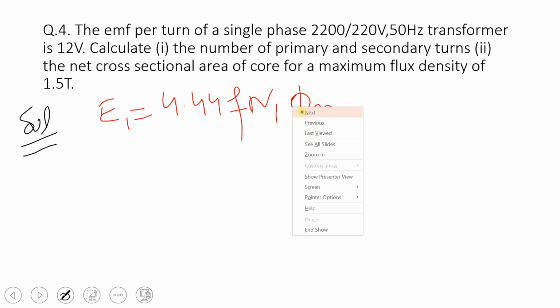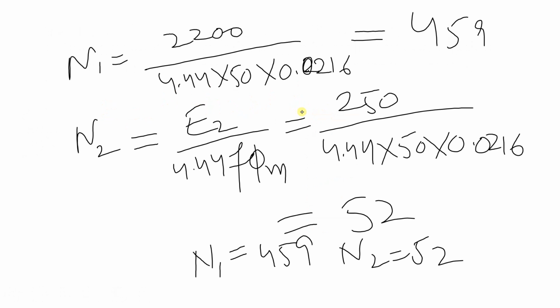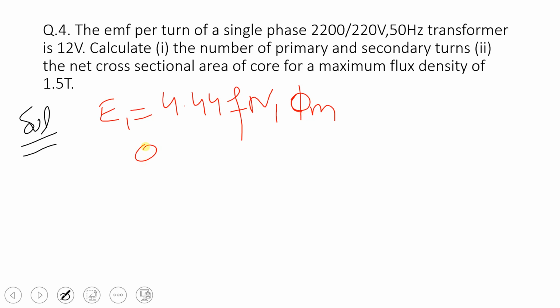Fine. We find out phi max is equal to V1 upon 4.44 f N1, because here V1 is equal to E1, so we can replace E1 by V1.